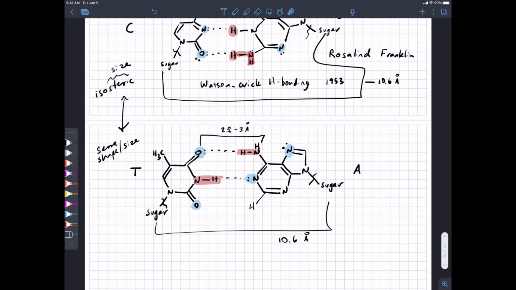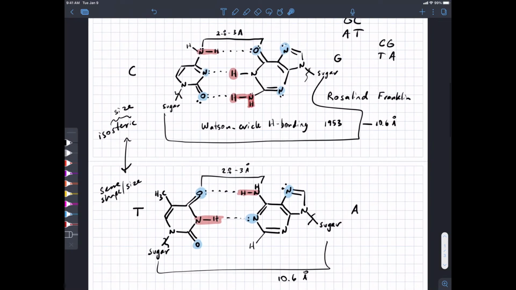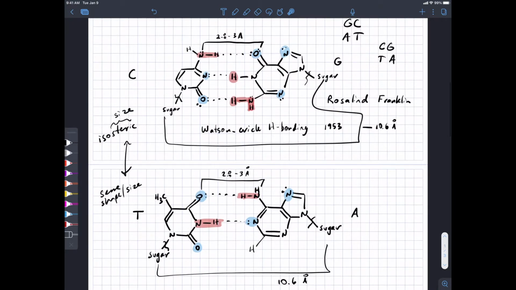What else? Yep. Because they're just hydrogen bonds, can there be mismatches that occur? Yes. So there are other modes of hydrogen bonding. What I've shown you here is a Watson-Crick hydrogen bonding scheme. There is another hydrogen bonding scheme called Hoogsteen hydrogen bonding, which I can draw for you.